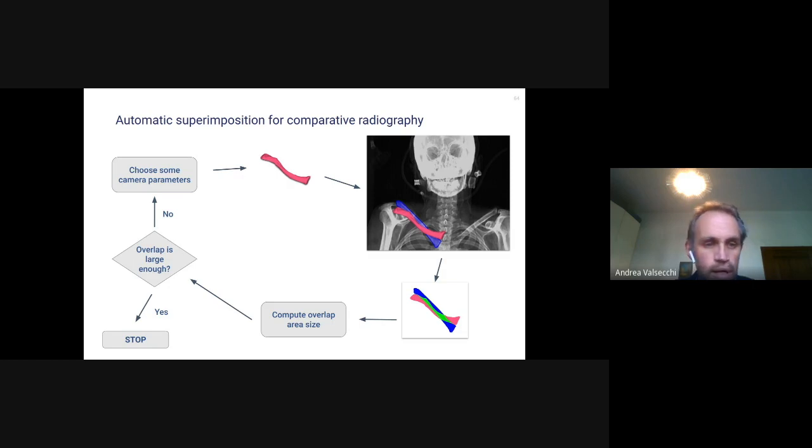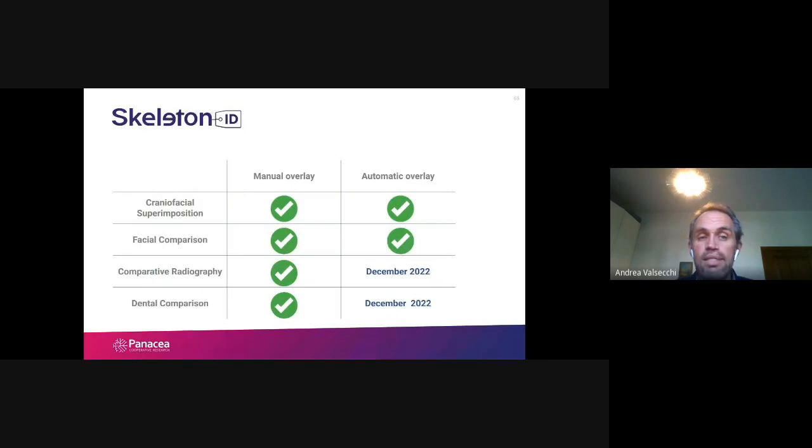Okay, we are almost done with the talk. Before I go, I wanted to mention that everything I showed you, all the pictures, has been created using our software, Skeleton ID. In 2021, we launched the first version of it.